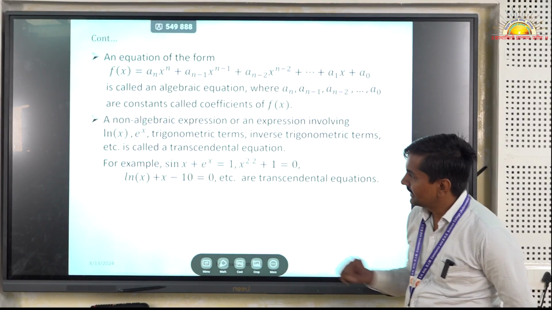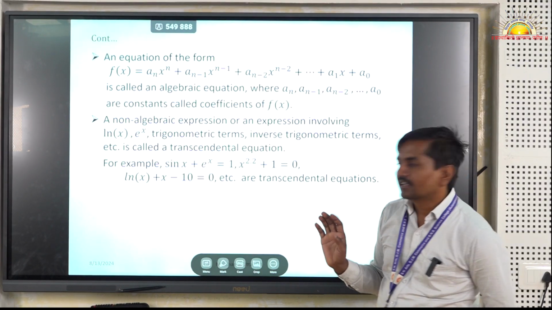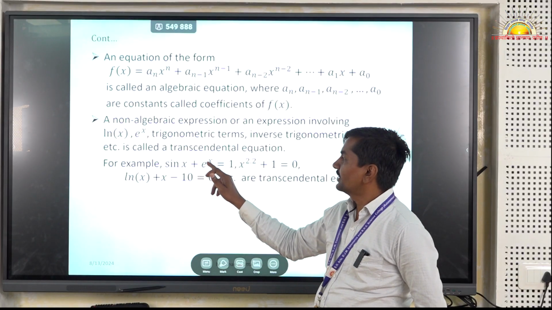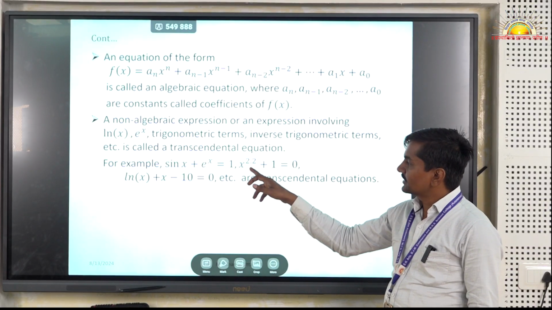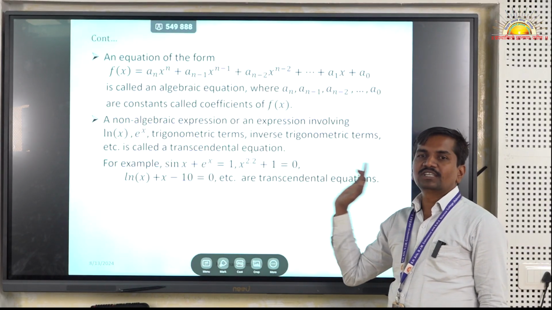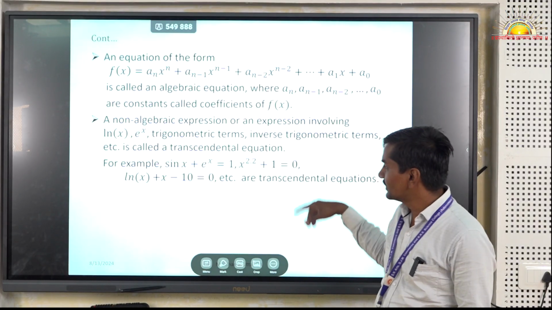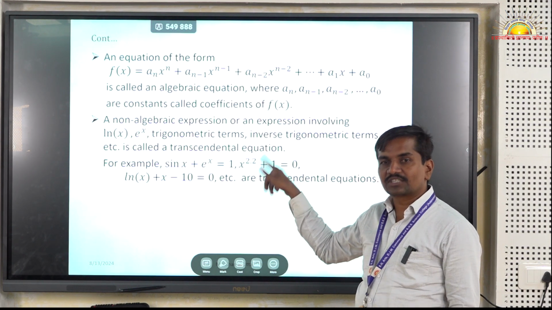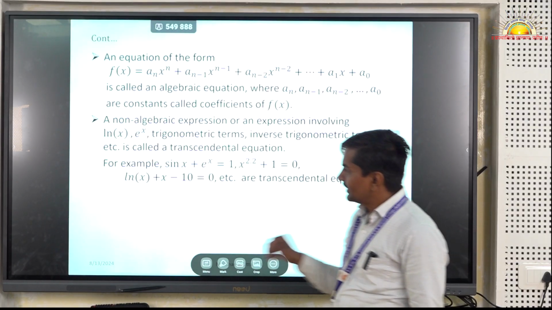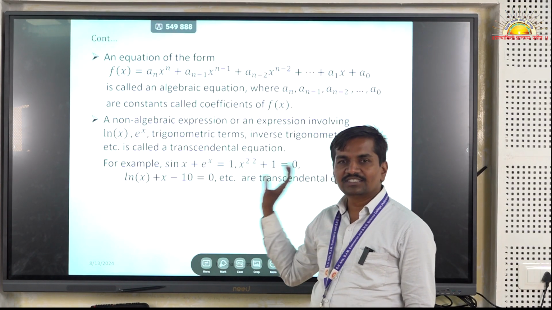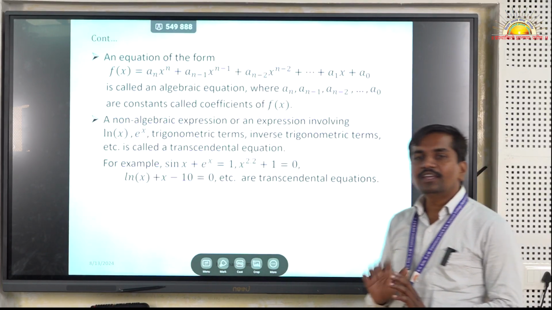For example, sin x plus e raised to x equal to 1 is a transcendental equation because it contains a trigonometric term as well as an exponential term. Another example, x raised to 2.2 plus 1 is equal to 0, is also transcendental because the power of x is a fractional number and therefore it is non-algebraic. Similarly, log x plus x minus 10 is equal to 0 is a transcendental equation.